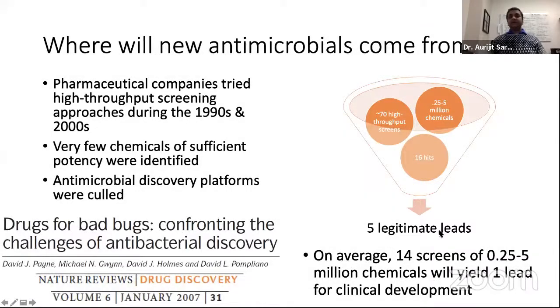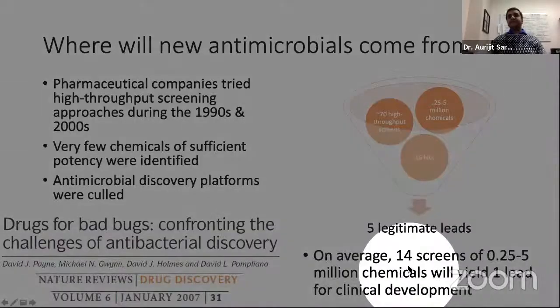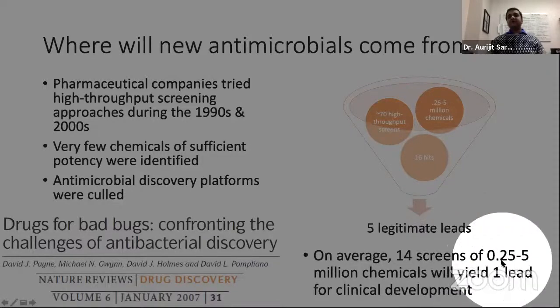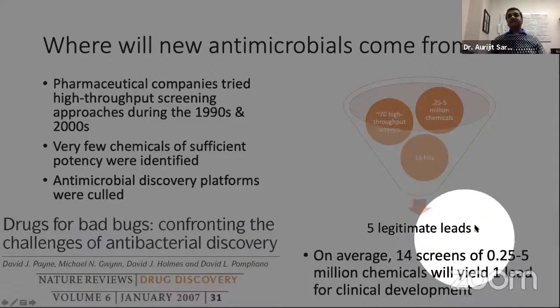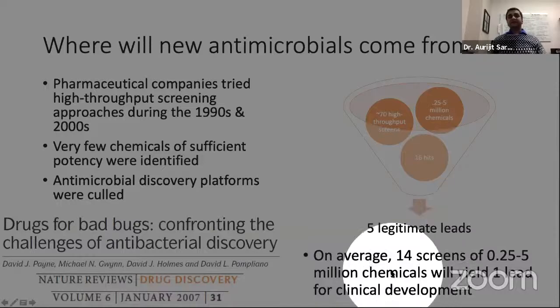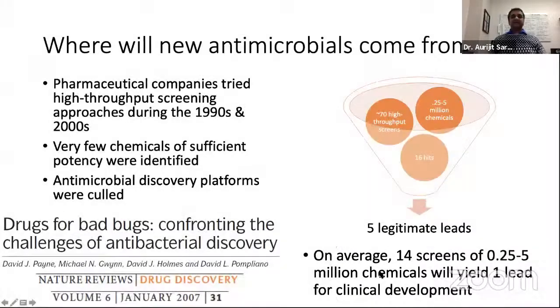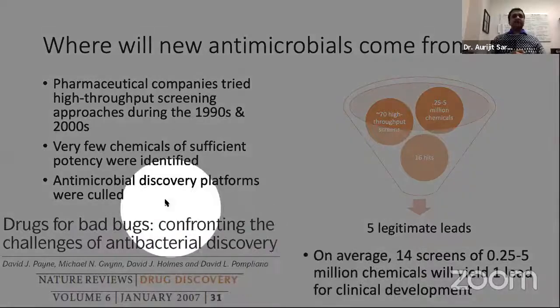In other words, on average, approximately 14 high throughput screens of between 0.25 to 0.5 million chemicals would yield only one lead for clinical development. That sort of expense was simply unsustainable. And they ended up culling all of the antimicrobial discovery projects that they had for that reason.